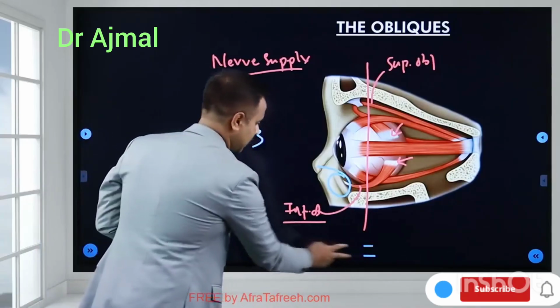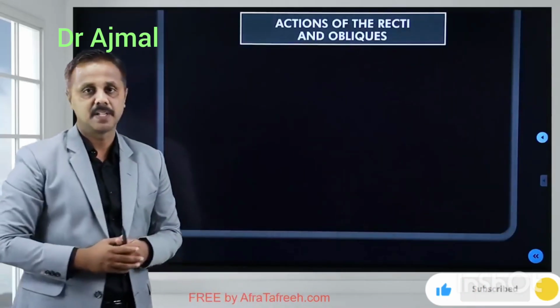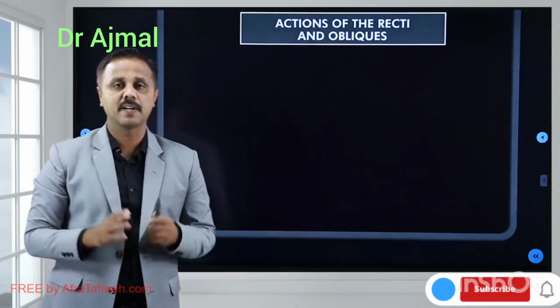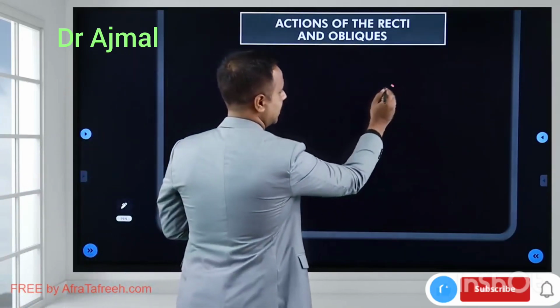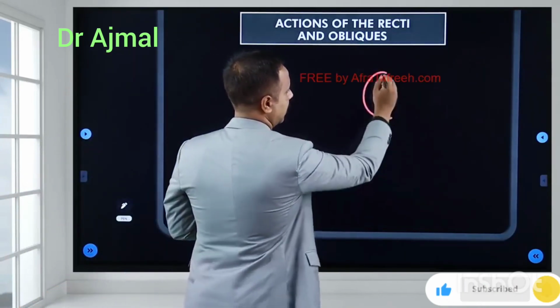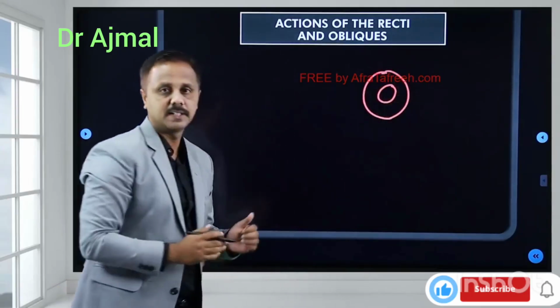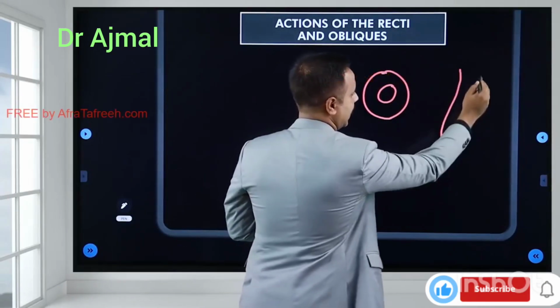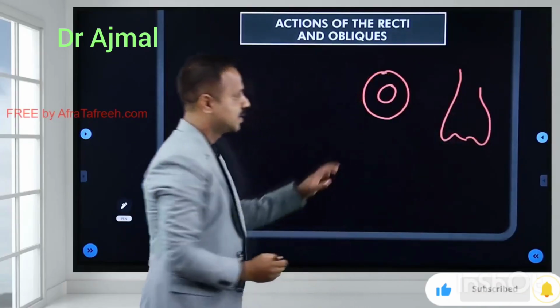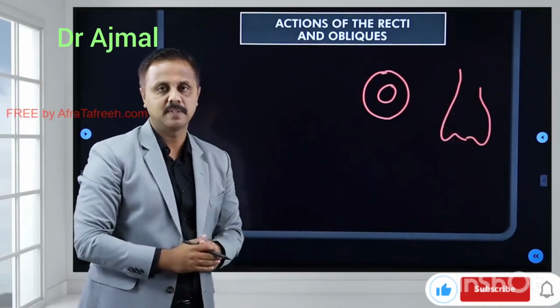What about the actions then? In order to understand the actions, we will draw a simple diagram, right? Let's imagine this is the eyeball, right? This is the eyeball, and for understanding, we'll write this as the nose. So we have drawn the right eyeball, right?